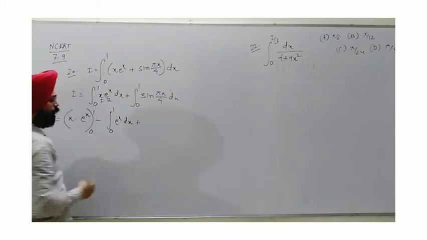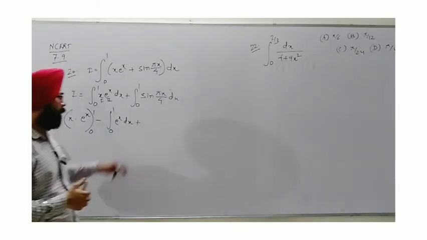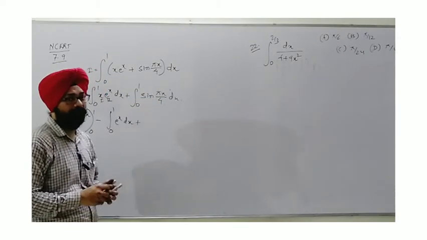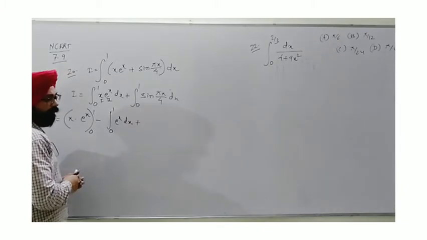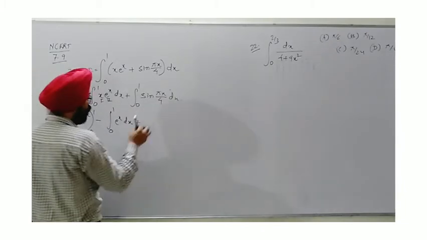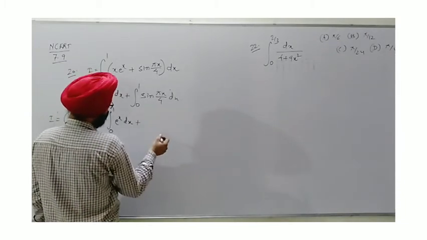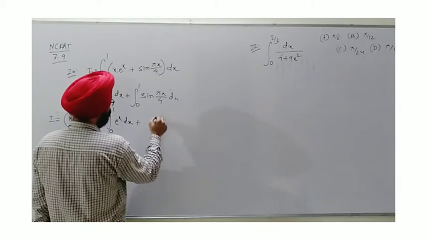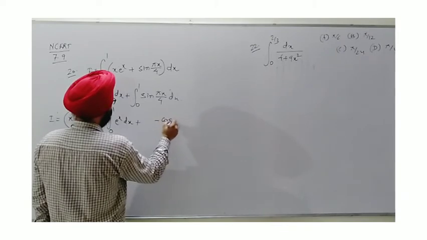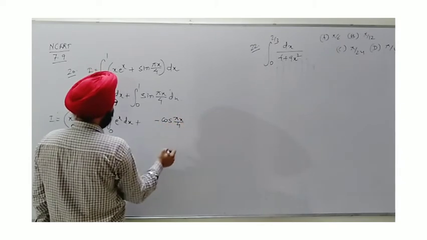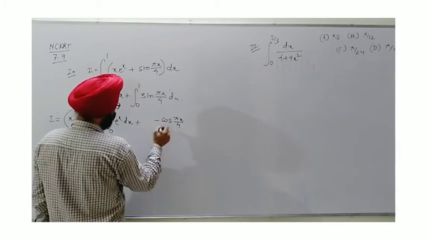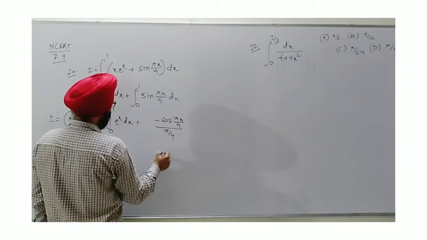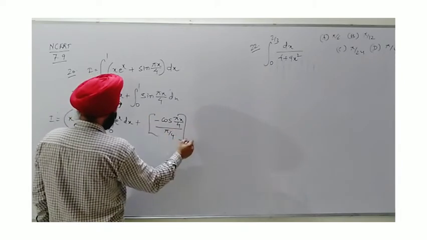And here, as I usually say, it depends, you had better do it directly. If not, then you can substitute the whole pi x by 4 as t. Otherwise, as you know, the integration of sin x is minus cos x, so we get minus cos(pi x by 4), also divided by the coefficient of x, meaning pi by 4, for this whole 0 to 1.